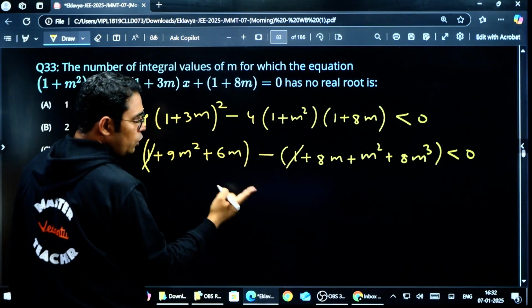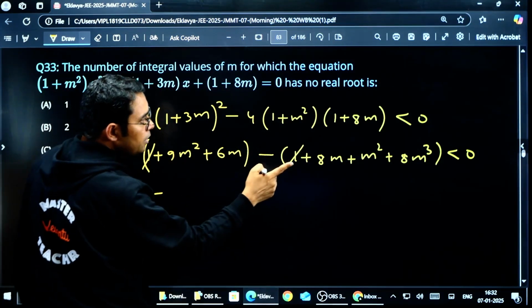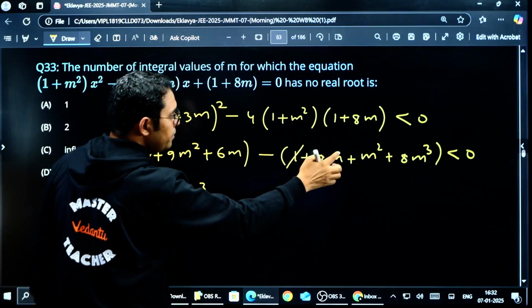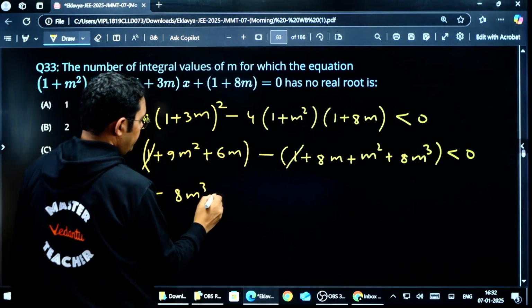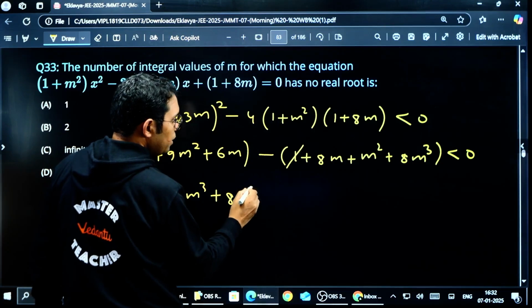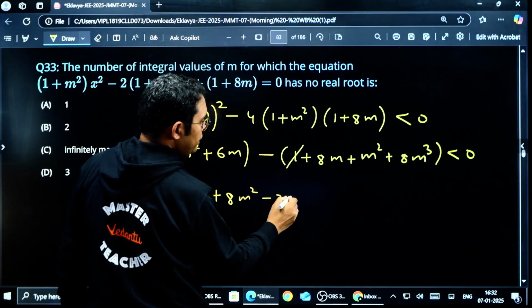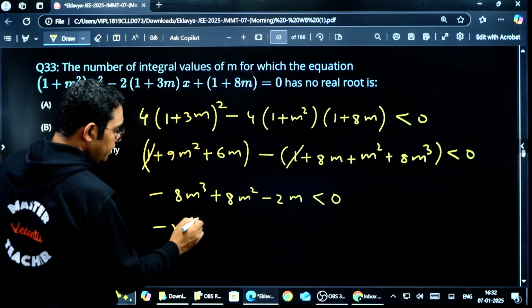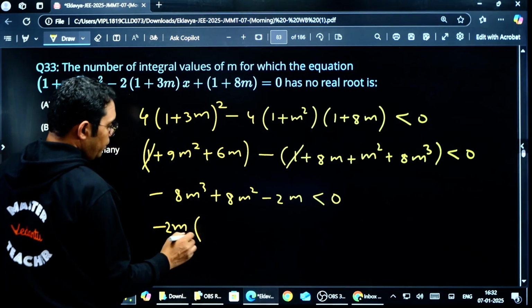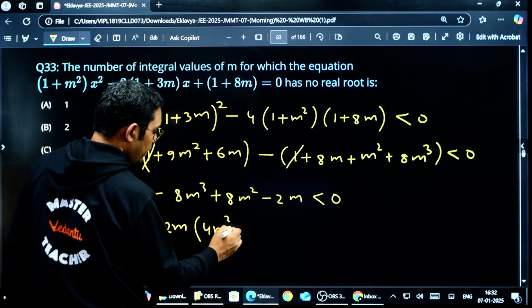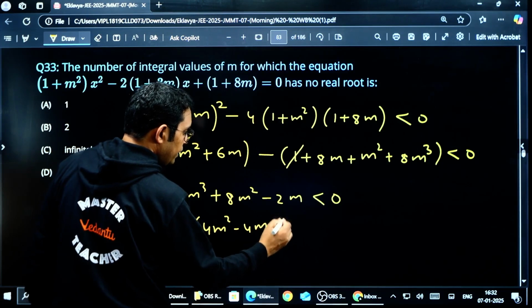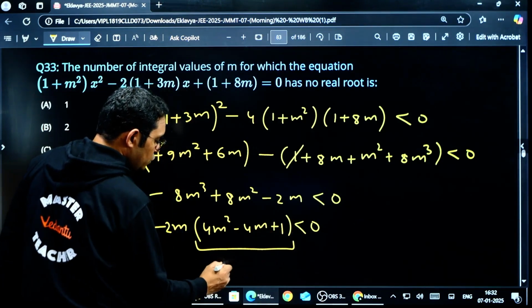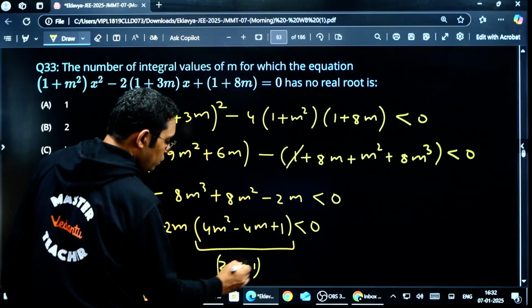So we are now left with a cubic with -8m³ leading term, then -m² plus, so it is 8m², and this is -2m. That should be less than 0. I take 2m common outside, so it becomes 4m² - 4m + 1 less than 0. Now you can see this is a perfect square actually. This is (2m - 1)².